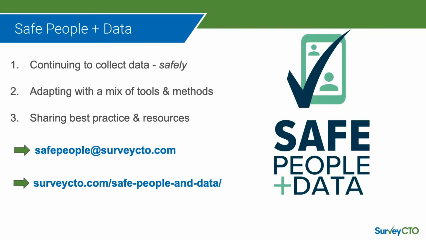If the revisions you're making to your processes fall inside the scope of the Safe People and Data Initiative, and you're keen to share, please get in touch with us. Take a look at the homepage of the initiative and write to us as well if you'd like to share. The initiative homepage is amongst the links I've shared as well. We'll also hear later on about how Room to Read have been adjusting their work and operations in response to the challenges of the year 2020.